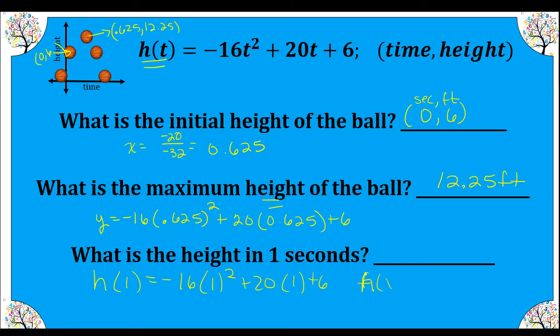I get so used to saying f of, but let's just do h. When I plug in 1, I get negative 16 plus 20 plus 6. That's 26 minus 16, which gives me 10. So it's 10 feet after 1 second. Written as an ordered pair, it'd be 1, 10.